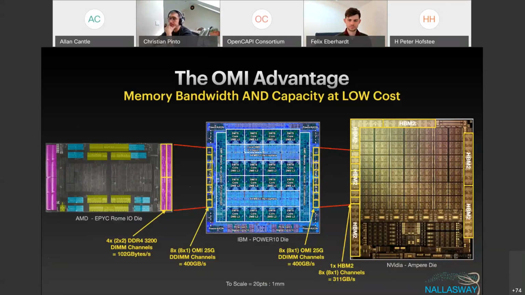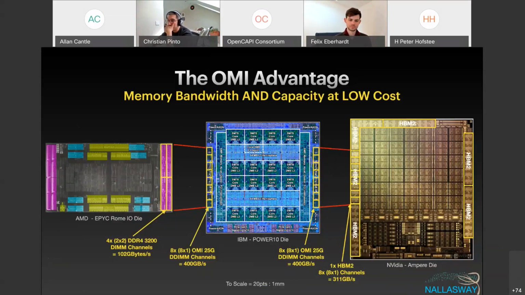So I've put together a couple of these die diagrams to try and emphasize this for everybody. In the middle, and this is all to scale, by the way, the IBM Power 10 die is shown with 16 OMI channels, 8 on the left and 8 on the right.